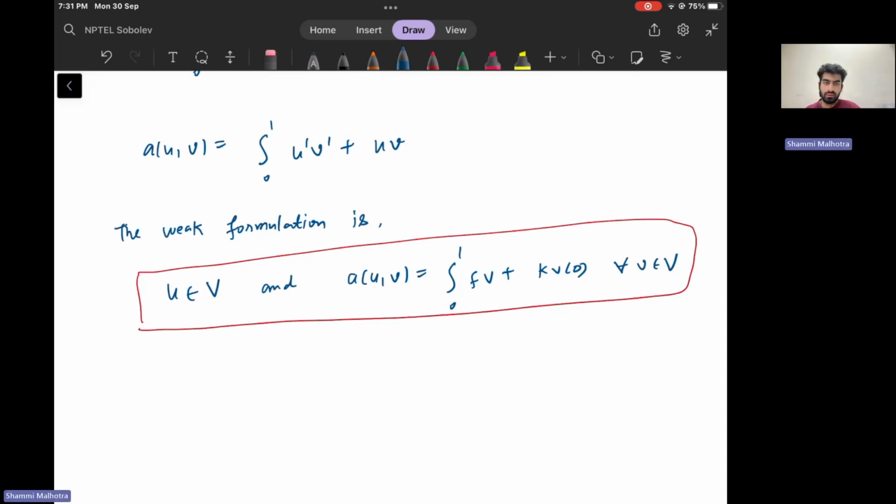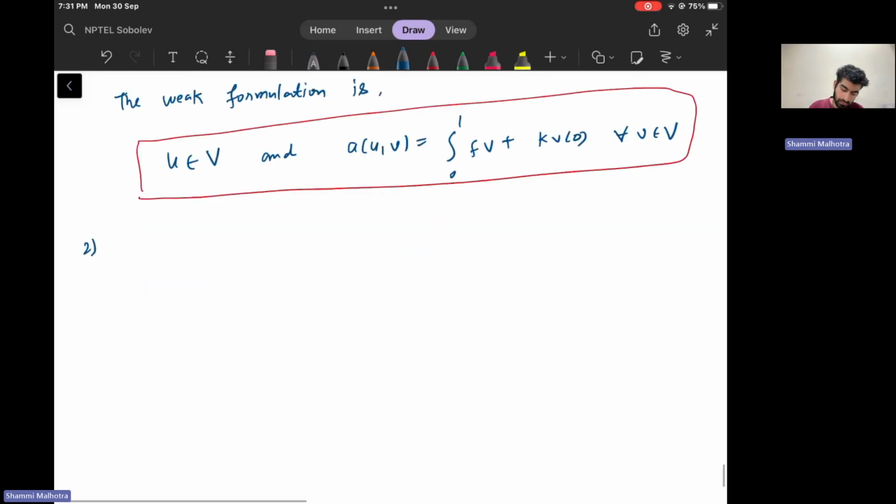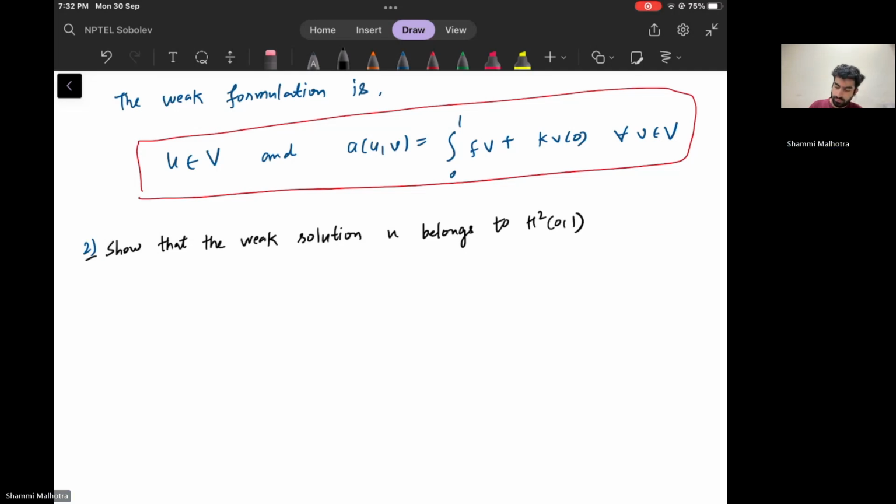So next we'll show the second part. Show that the weak solution u belongs to H^2(0,1) and satisfies (1).